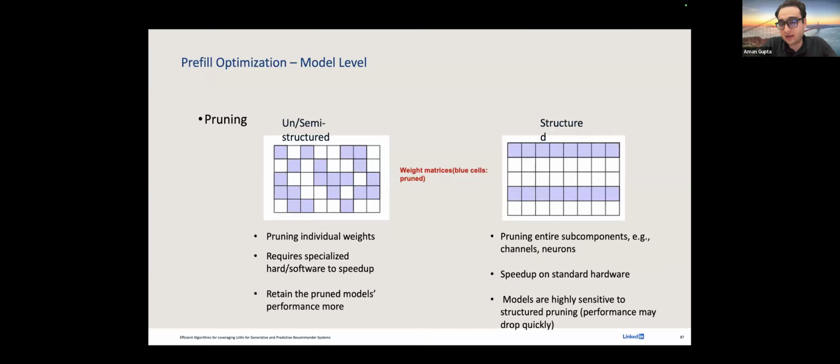In contrast, when we have structured pruning, because we're pruning sub-components or some channels or some rows from these matrices, we obtain physically smaller models, which means that we can just speed up these models on any hardware. However, because we are enforcing some sort of constraint on the model architecture, this can lead to some accuracy loss after pruning.